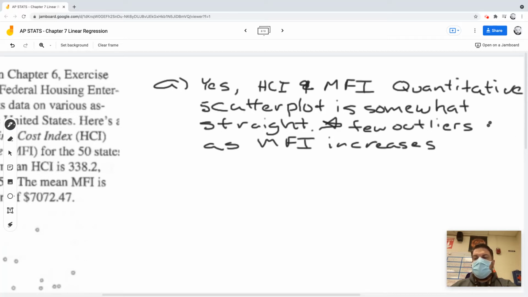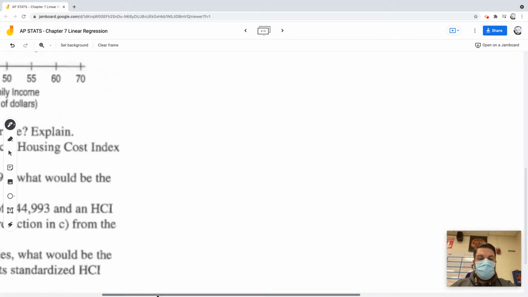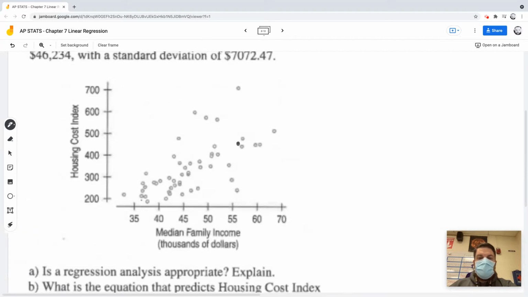Now, what I mean by that is when I go to the right in this direction, in other words, as my median family income increases, then the scatter plot tends to spread.